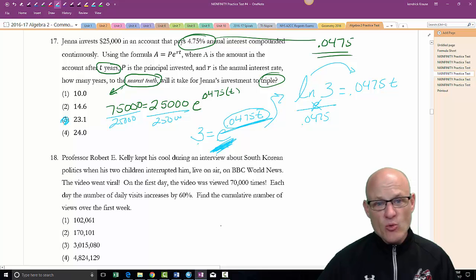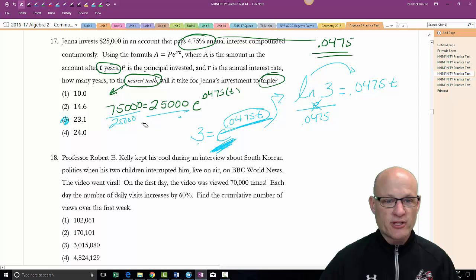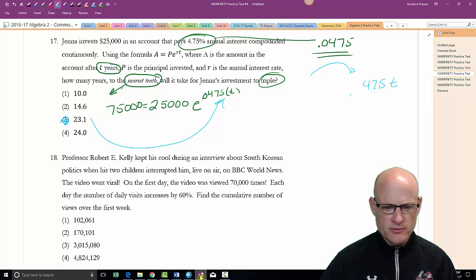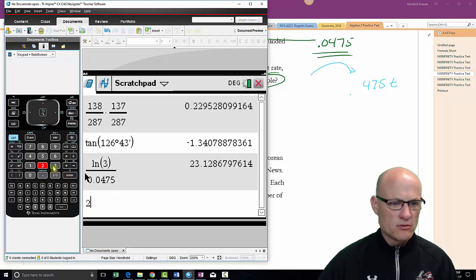23.1. Now, another way to do this problem, quite frankly, is to just type in this equation and plug in your answer. So if I plugged in 23.1 for X, or in this case T, I guess.